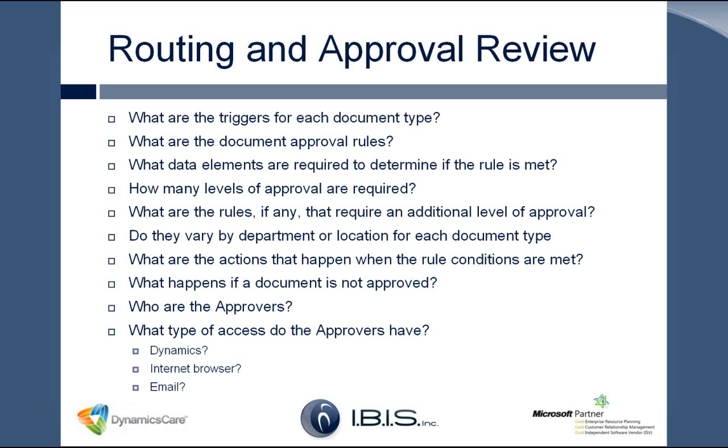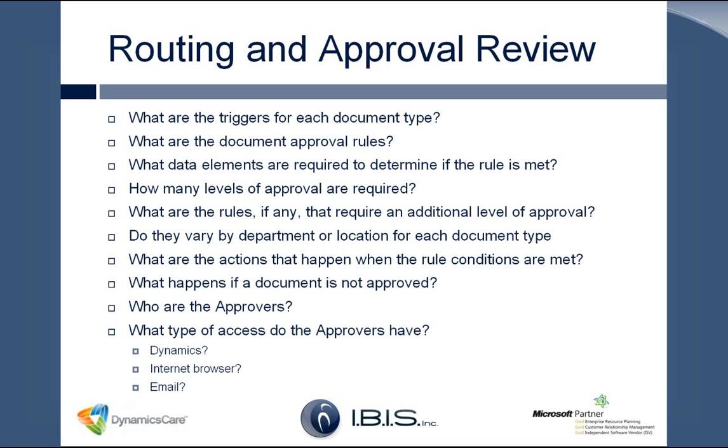Is it as simple as an individual that always approves certain invoices? What data elements are required to determine if that rule is met? How many levels of approval are required? What are the rules? Do they vary by department? You can use the same concept across all departments using the same methodology. What are the actions that happen when the rule conditions are met?